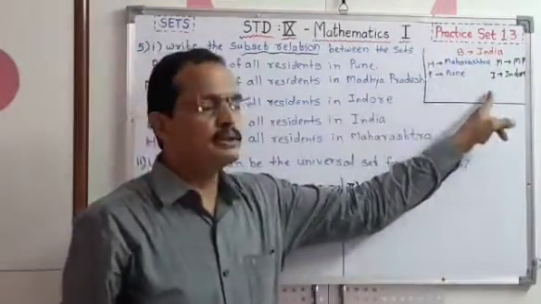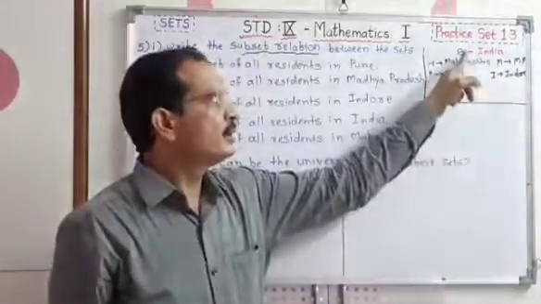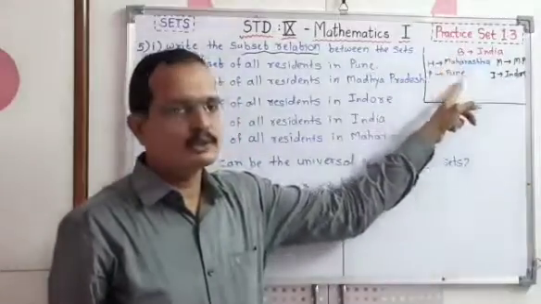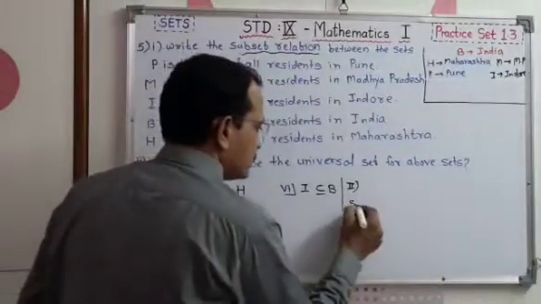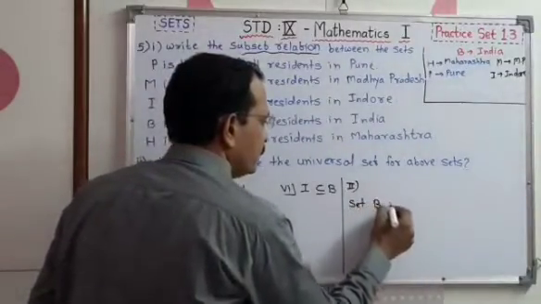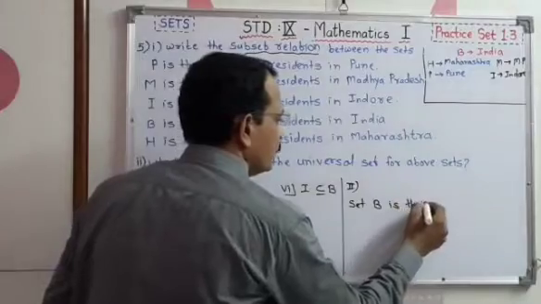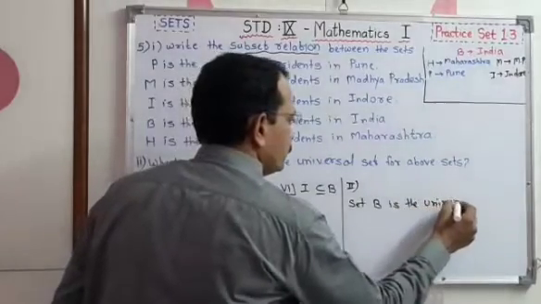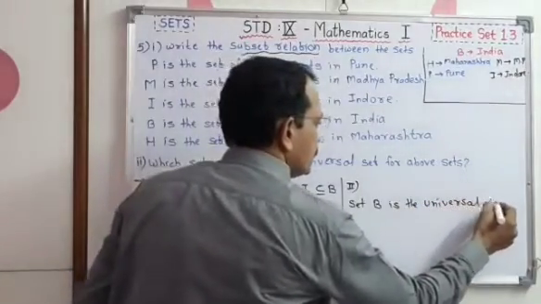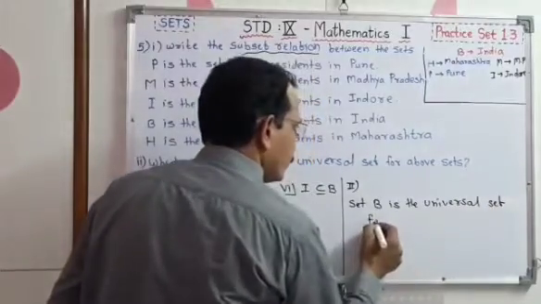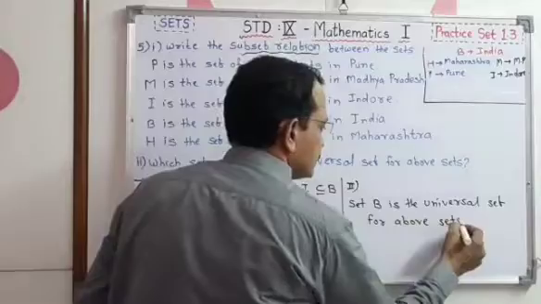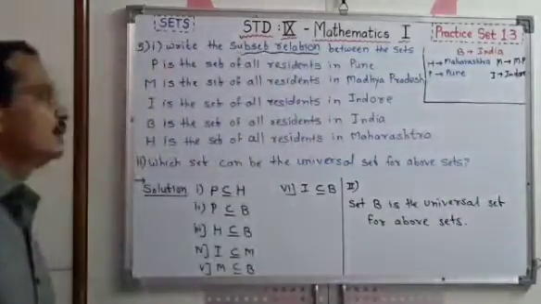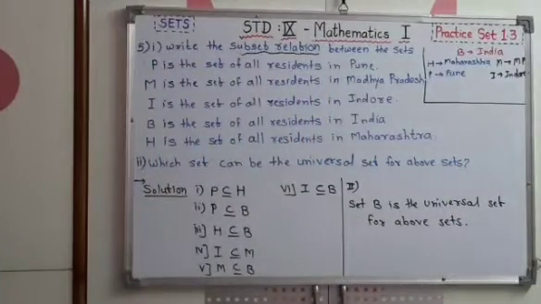If you observe this, you can easily say that B is the universal set for all these sets. Therefore, we can write here set B is the universal set for the above sets. Yes, student, take down this in your notebook.